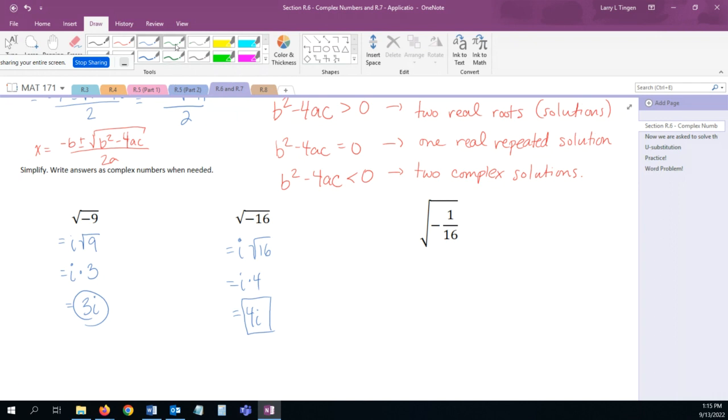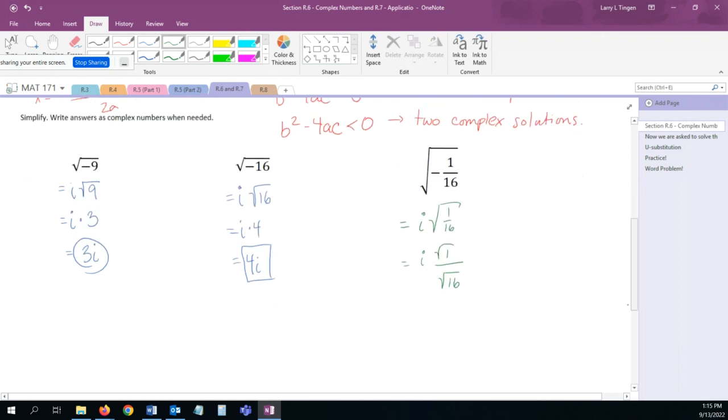The last one here is not meant to be as tricky as it may seem. Again, you have the square root of a fraction. People start to freak out with fractions. Slow your roll. Hold on. I have a negative under the root, so the first step is going to be take that out. And now you can tackle this one two ways. Some of you may know what fraction times itself gives me 1 over 16, or because of the rules of radicals, the square root of the quotient is the same thing as the quotient of the square roots, so I can actually split that.